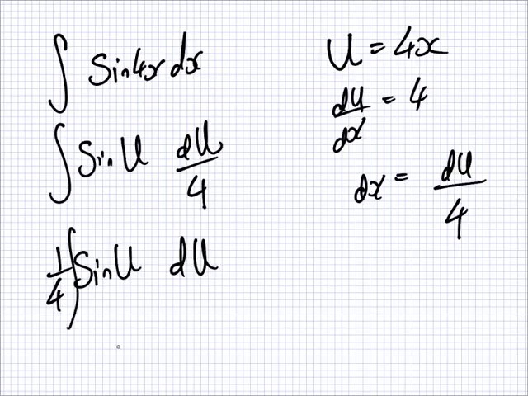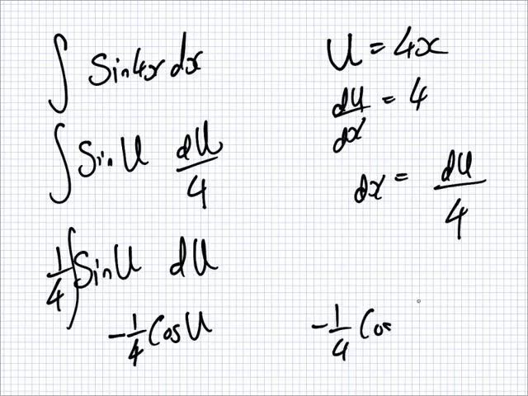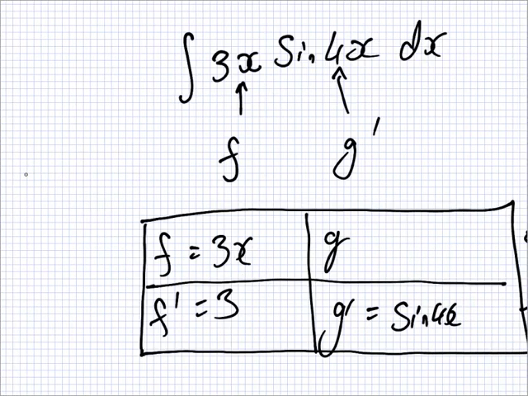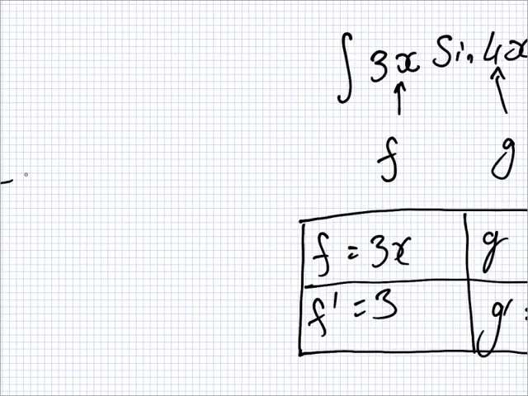Integrate. Which is now going to be minus a quarter cos u, which will be minus a quarter cos 4x. So I'm willing to bet you left out the minus a quarter. Yeah? And you don't need to, because when you put it into this box here, you don't need the plus c yet, so I won't put it in.